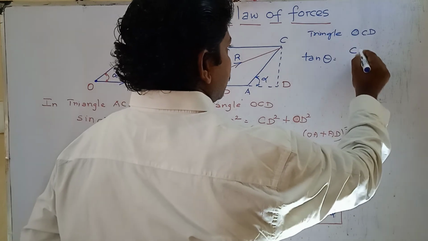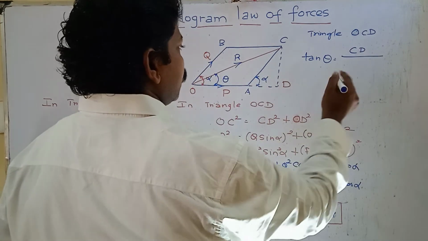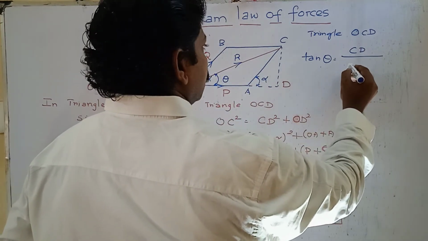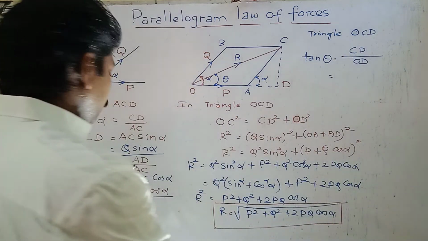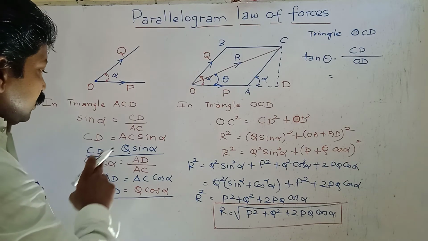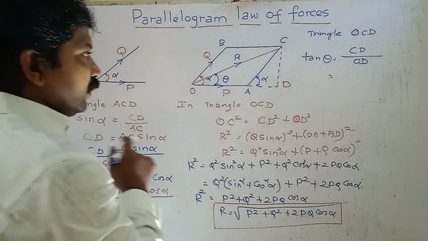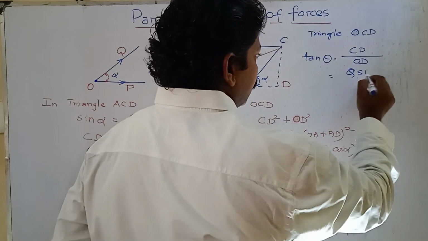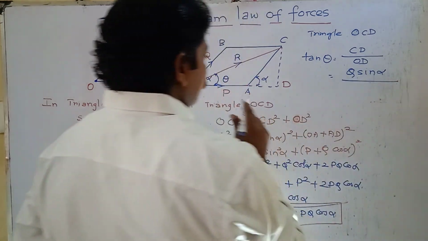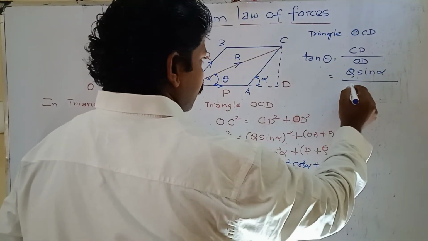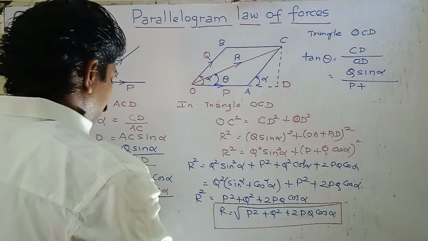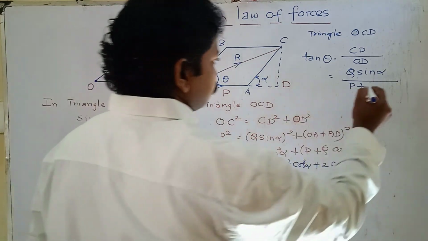So opposite equals CD, adjacent equals OD. We already know CD equals Q sin alpha, and OD equals P plus AD, so P plus AD equals P plus Q cos alpha.